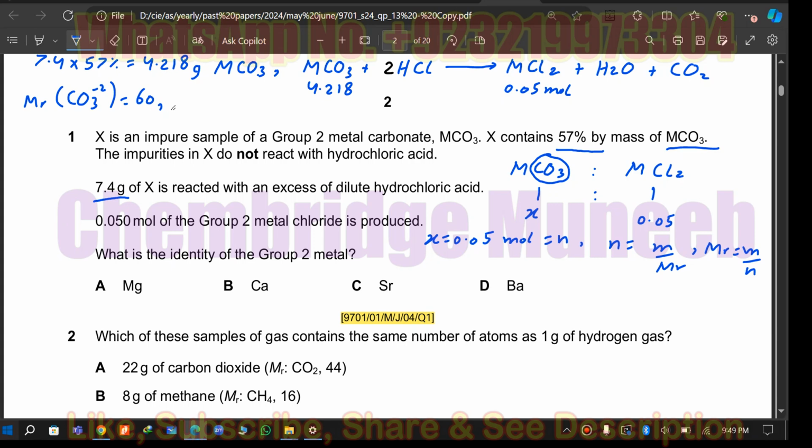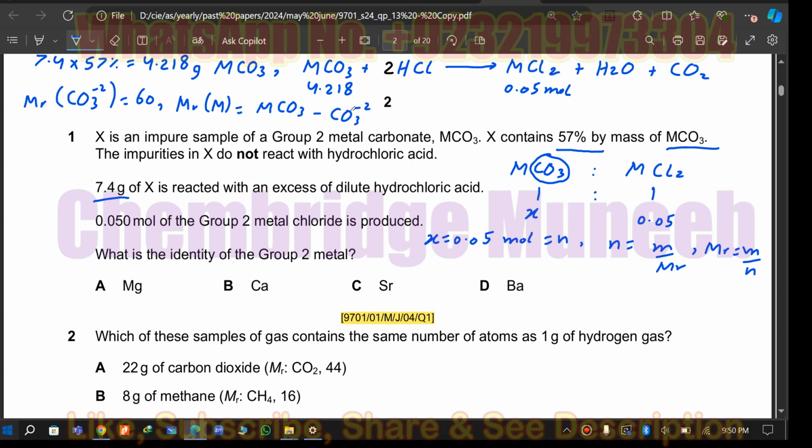Now from here we can also calculate the value of the relative molecular mass of the metal M. How can we do this? We can find this by subtracting the value of the carbonate ion from the MCO3: MCO3 minus CO3 minus 2.